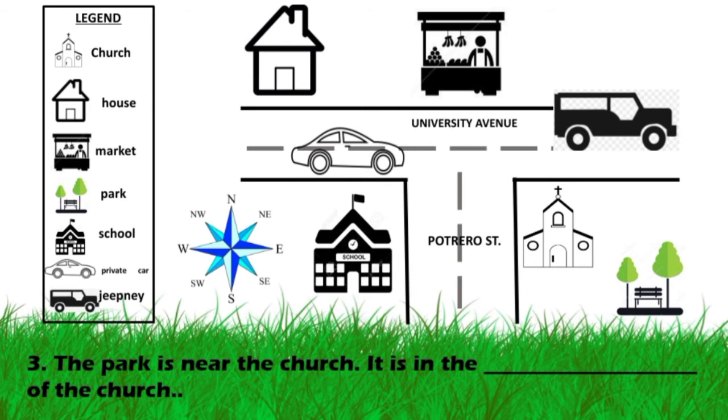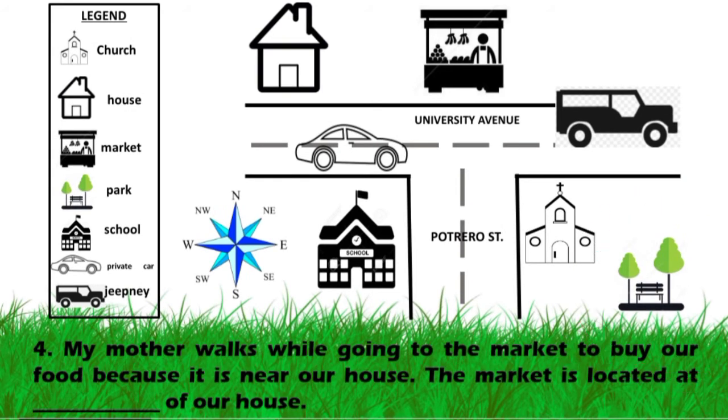Number 3. The park is near the church. It is in the blank of the church. The park is in the southeast part of the church. Number 4. My mother walks while going to the market to buy our food because it is near our house. The market is located at the blank of our house.